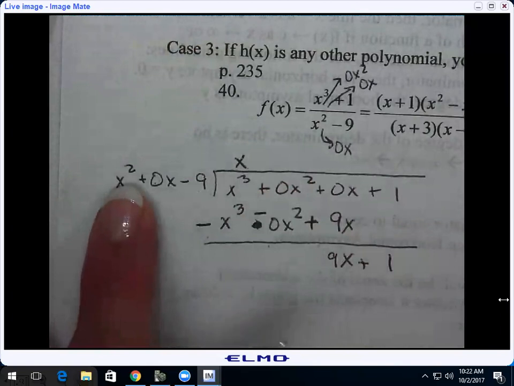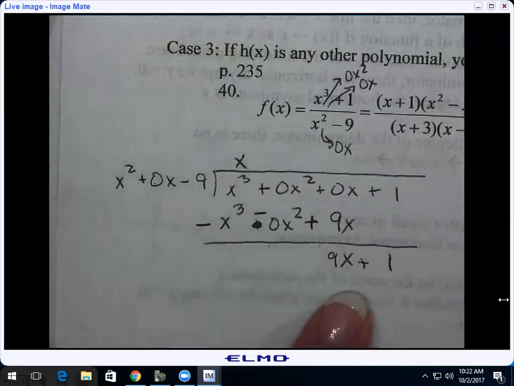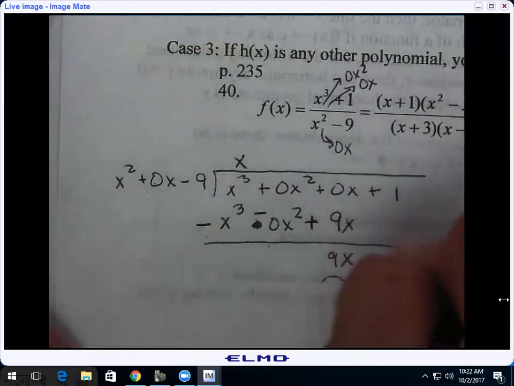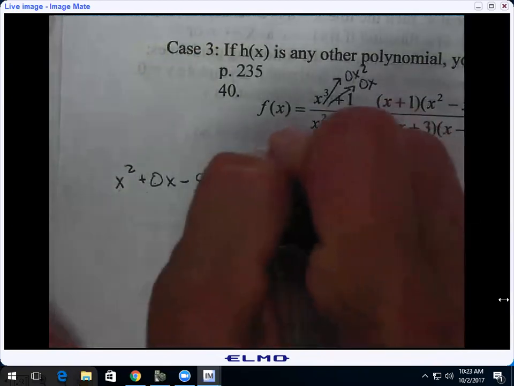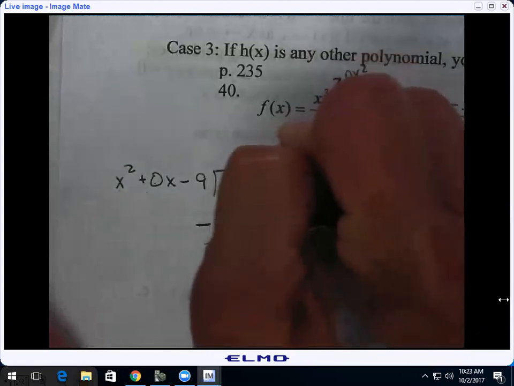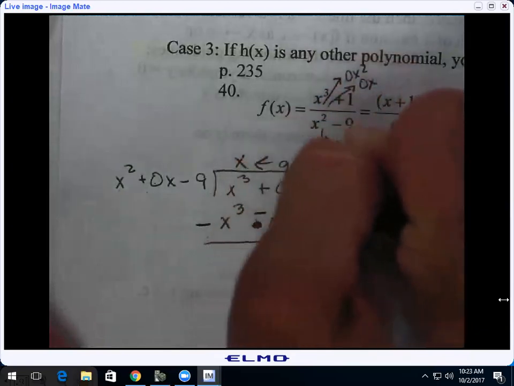Does x squared go into 9x evenly? No, x squared won't divide into 9x evenly. That means that's my remainder. The linear portion, just the x, is my quotient.